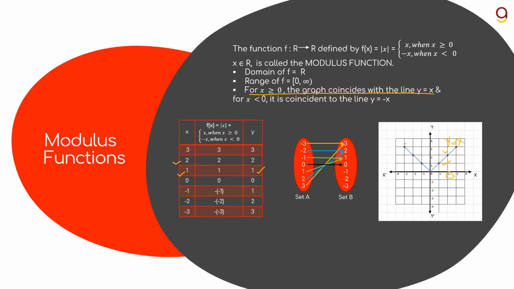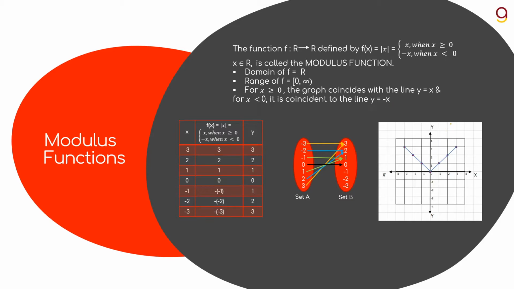So here, the graph is y is equal to minus x. So for x less than 0, it coincides with the line y is equal to minus x. So this is the graph for the modulus function.